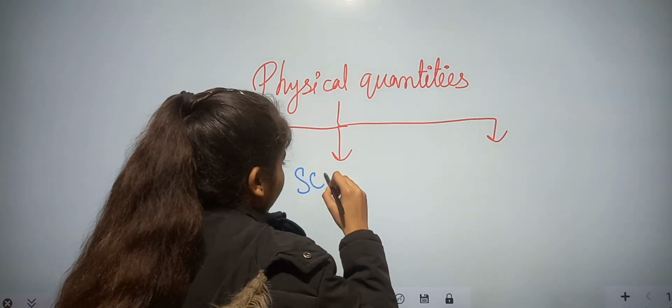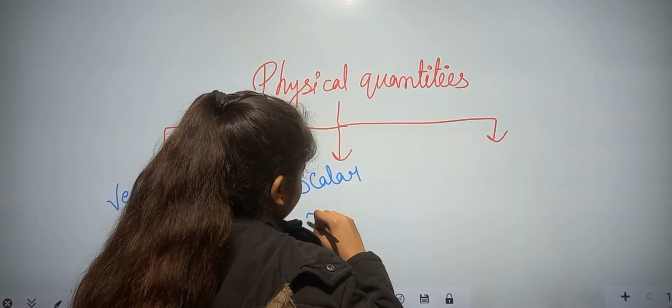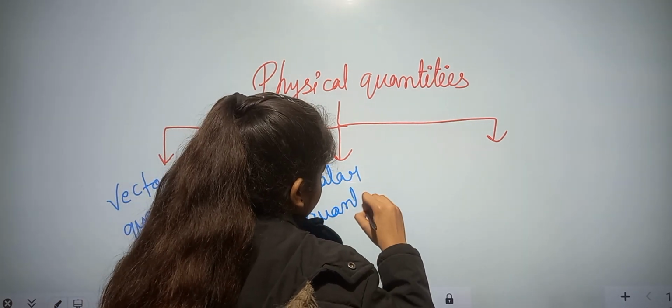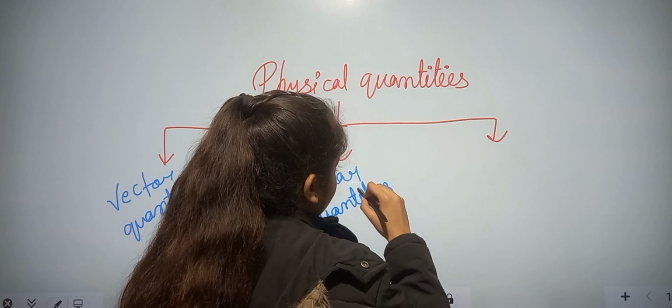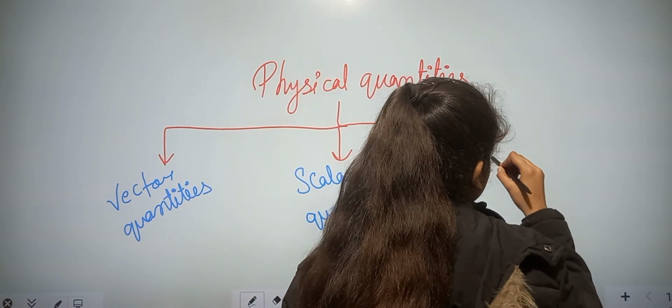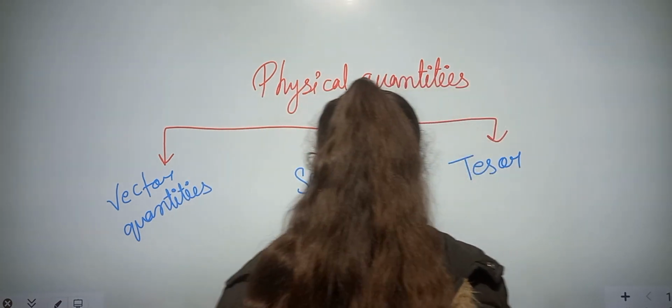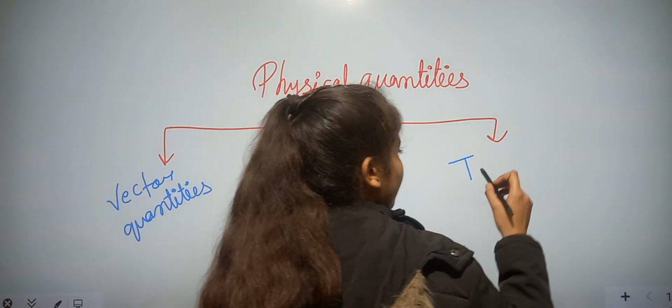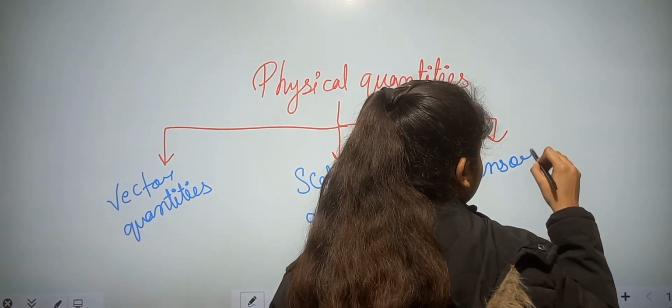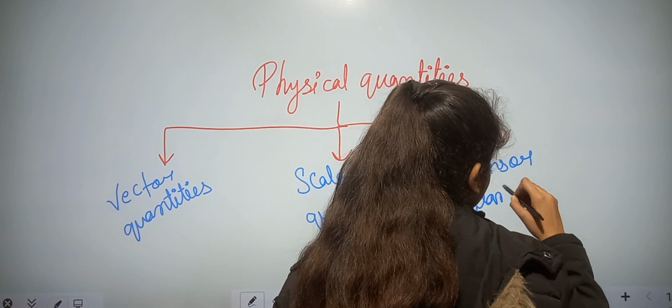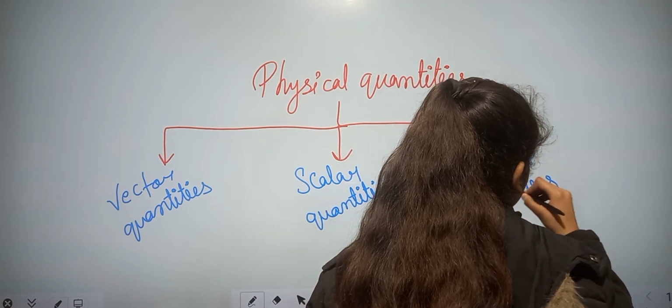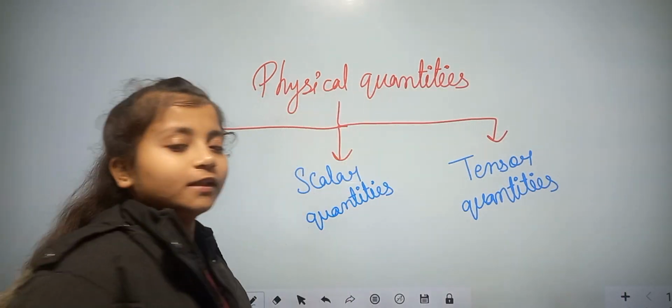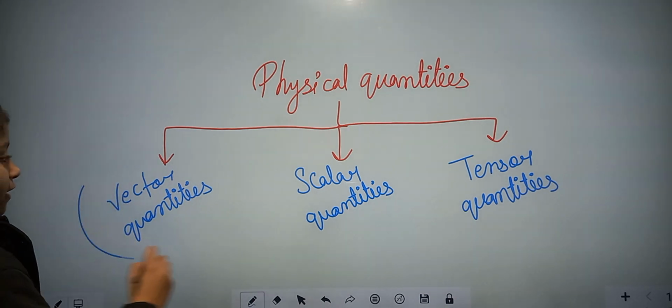Second one is scalar quantities. And last one is tensor quantities. Okay, so in this video we will study about the vector quantities.